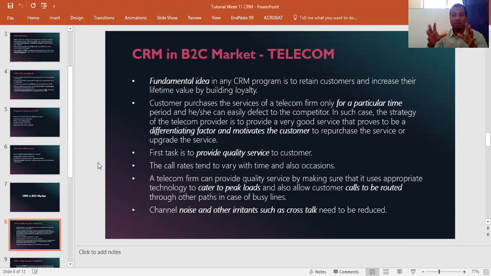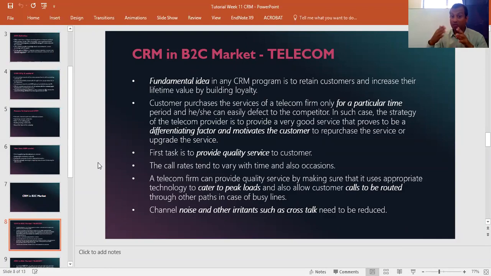The customers are considering a particular time frame when they decide to buy your services. In such cases, the strategy of the telecom provider is to provide a very good service, so that it proves to be a differentiating factor and motivates the customer to repurchase the service or upgrade the service.